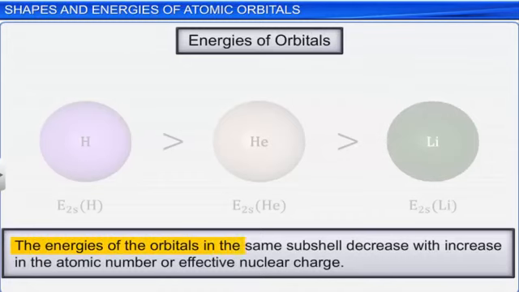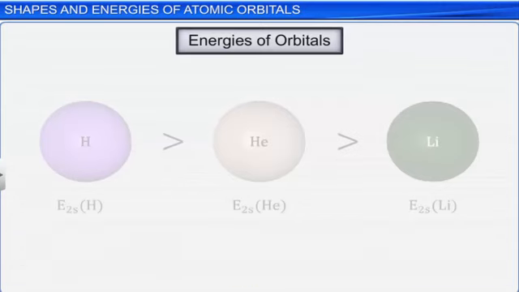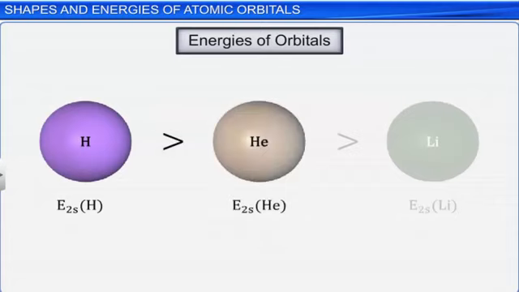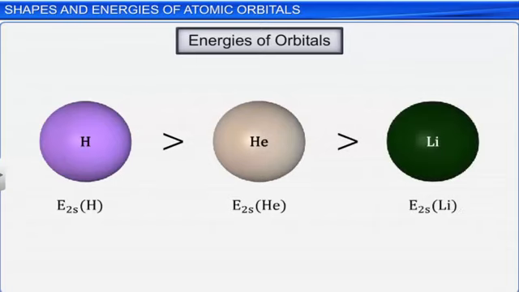For example, the energy of 2s orbital of hydrogen atom is greater than that of 2s orbital of helium, and that of helium is greater than that of lithium, and so on. That is, E2s(H) greater than E2s(He) greater than E2s(Li).